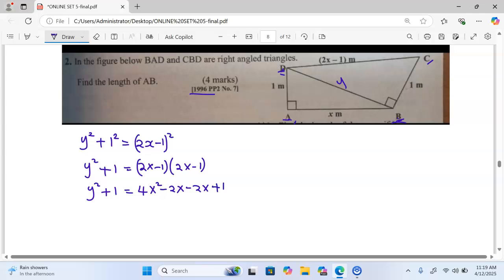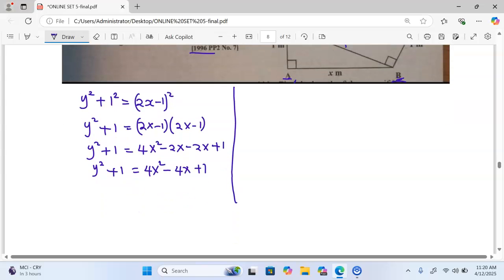We proceed by collecting like terms together. We have y squared plus 1 being equal to 4x squared minus 2x gives us minus 4x, then plus 1. We can now move 1 to the other side so that we make y squared the subject.